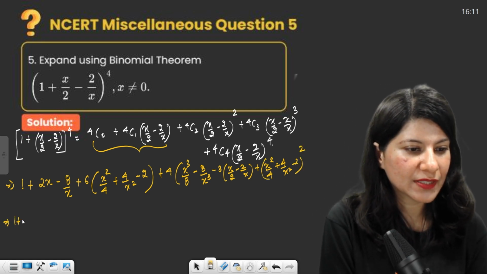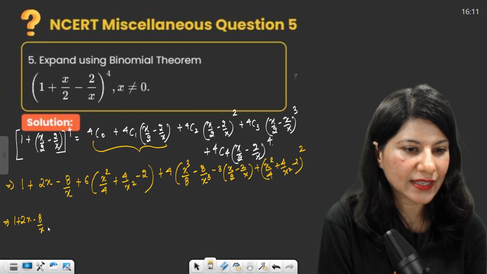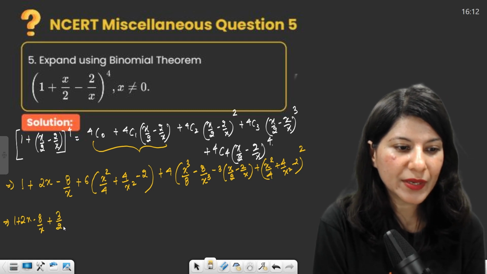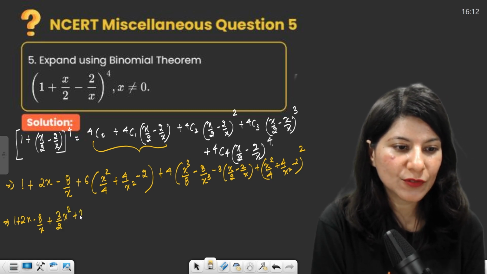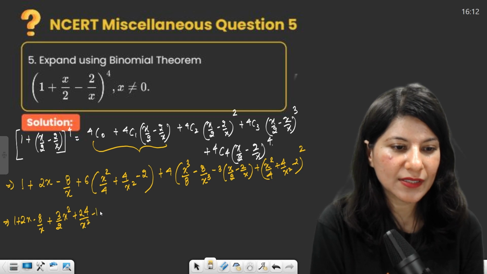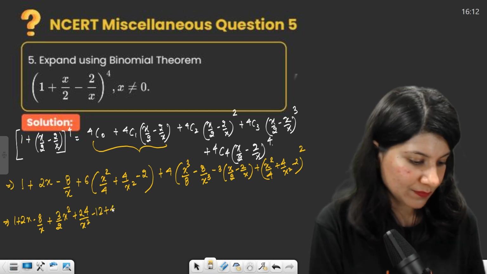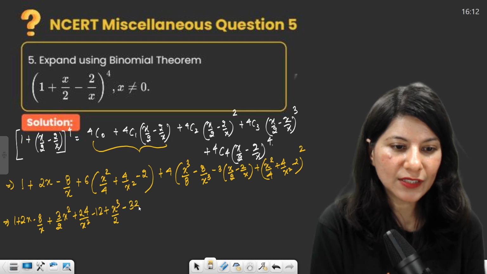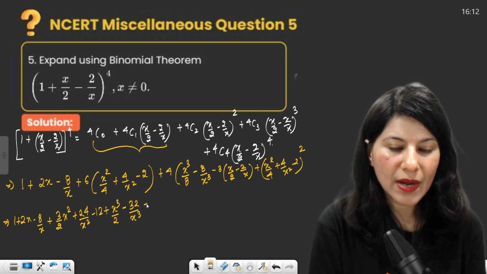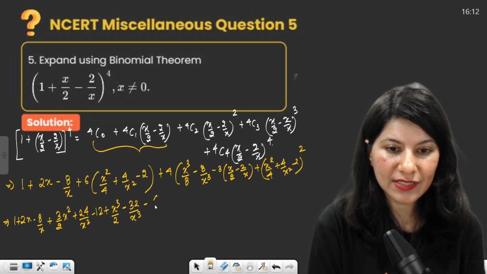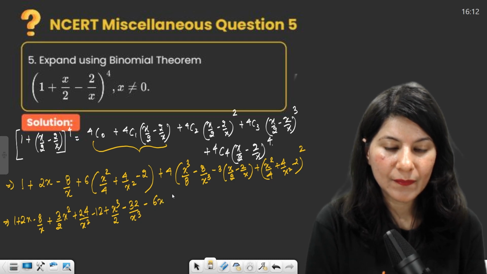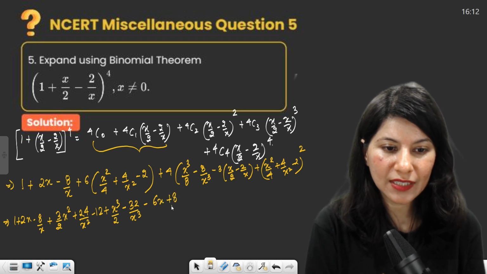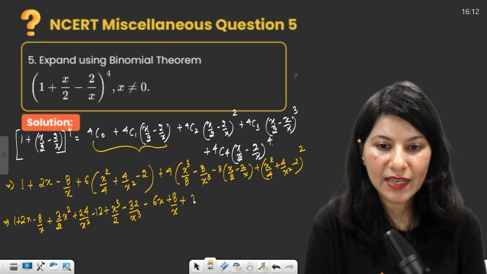So finally 1 plus 2x minus 8 by x plus 3 by 2 x square plus 6 times 4 is 24 by x square minus 12 plus this is going to become x cube by 2 minus 32 by x cube minus this is going to have 6x, minus minus plus 8 by x plus x.